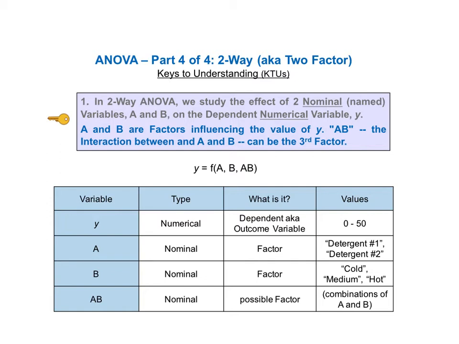Factor A is the type of detergent, taking on the two named values, detergent number 1 and detergent number 2. Factor B is the water temperature, taking on the three named values, cold, medium, or hot. In the interaction factor, which may or may not exist, it involves combinations of A and B.